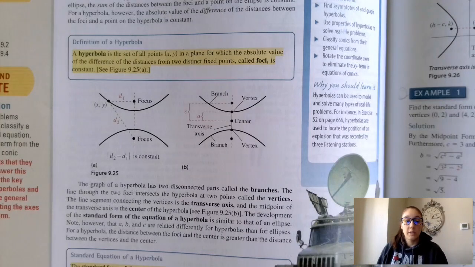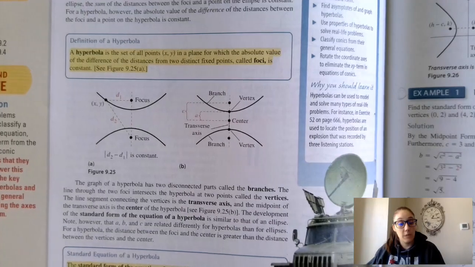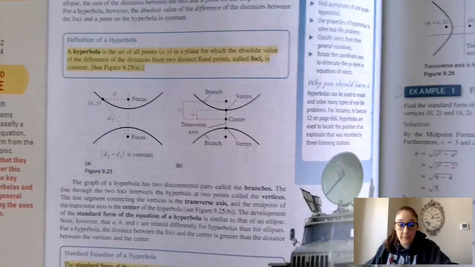So once again, we're using the foci to measure a distance, and each of the different pieces of the graph will have that same distance. There's a lot of new vocabulary because we're dealing with a different type of shape. All right, so let's talk about it.